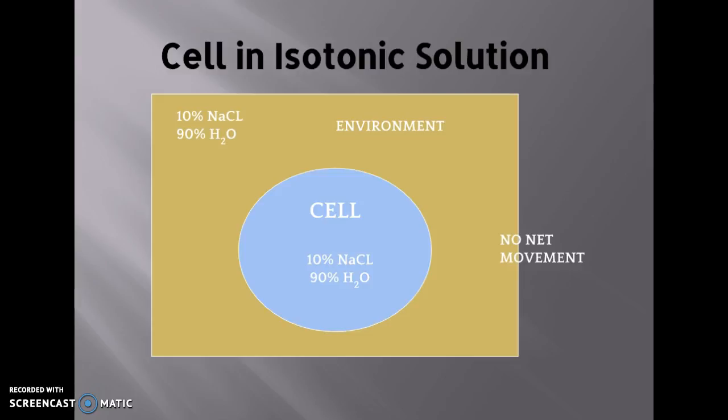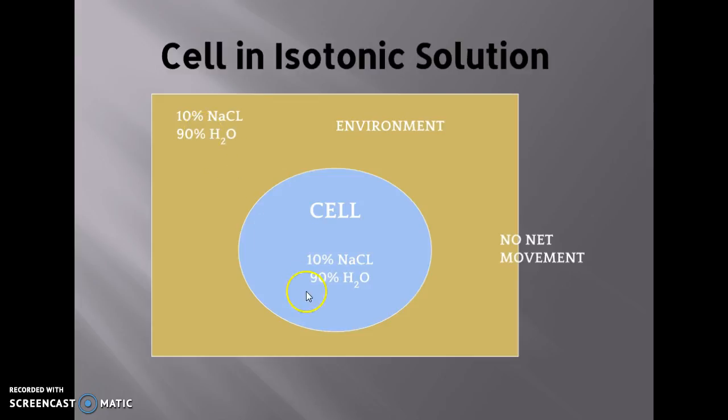put them in. If we put them into what we call an isotonic solution, we're not going to see any net movement of molecules, because the concentration of what we're looking at on the inside of the cell is equal to the environment around it. So in this case, the cell has 90% water, and we're putting it into a solution that has 90% water.